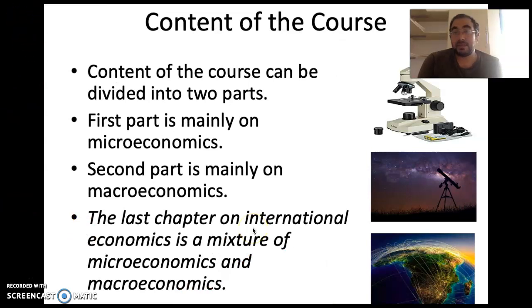Well, now we can start talking on the course content. The economics has, according to most economists, not all of them agree, two major fields. One of them is microeconomics, which is basically talking on the specific market of, for example, computers or oil or food.